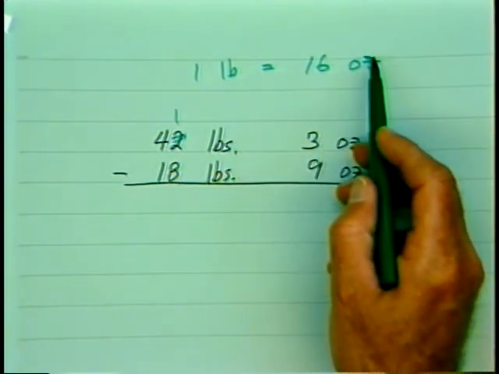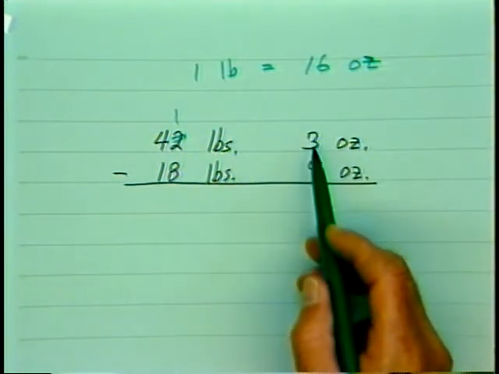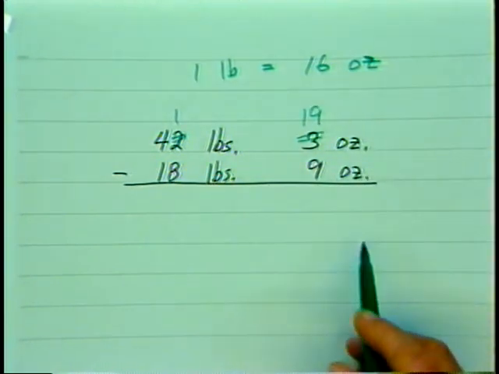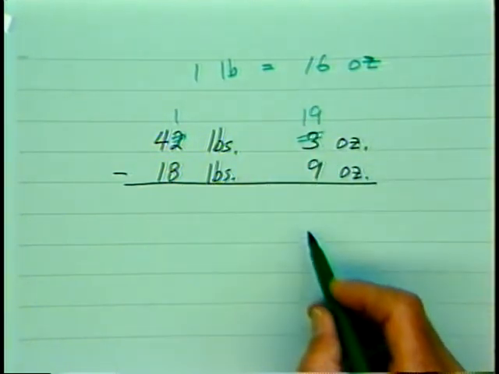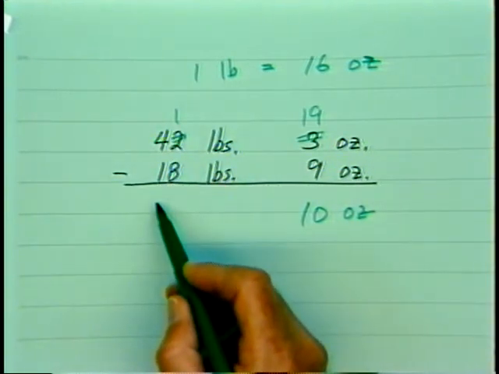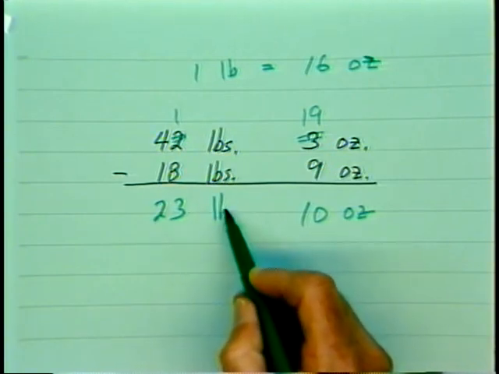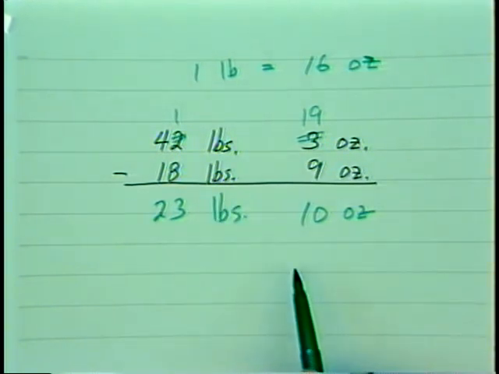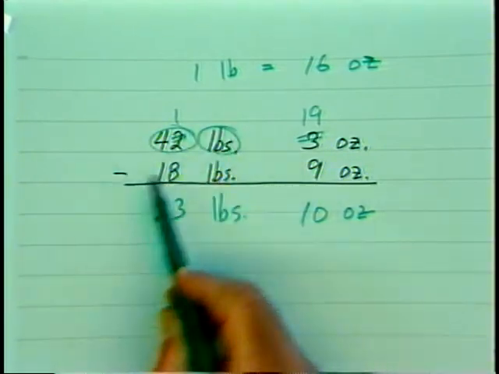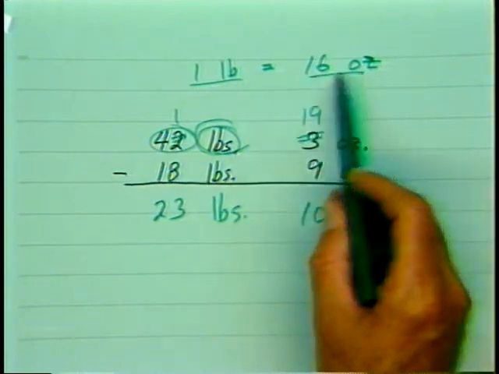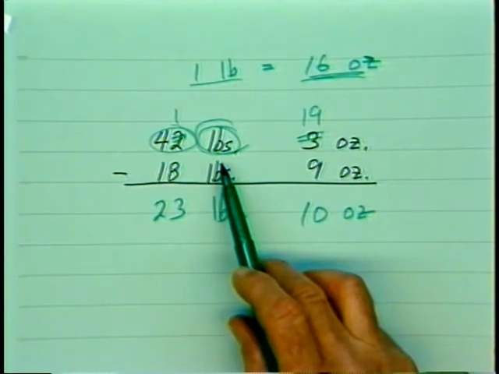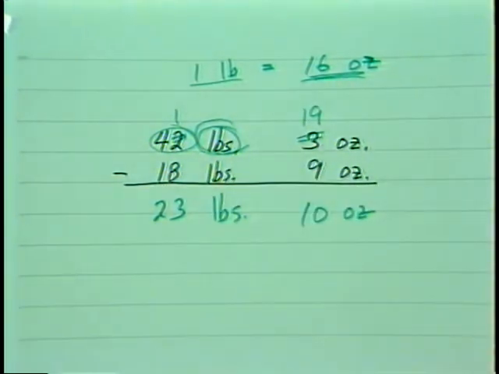So the 16 ounces that I borrowed from this 1 pound added to 3 ounces becomes now 19 ounces. Now subtracting 9 from 19, I get 10 ounces. And of course here I still get the 23, but now pounds instead of feet. So see, you don't concentrate on just the number part. The measurement is the one that determines everything that you're going to do. So pay particularly attention to these and their equivalents.